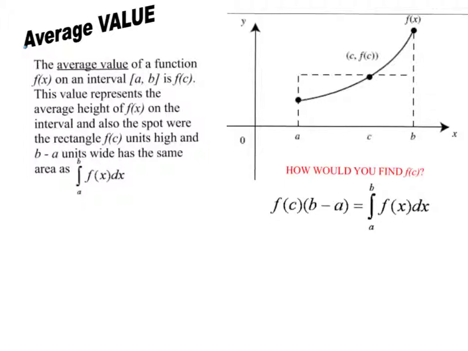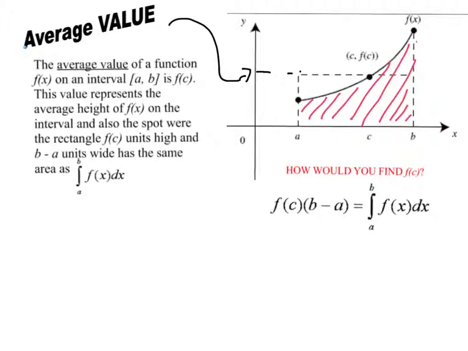Now, I put a picture here, and here's what this picture represents. So we have a curve, f of x, and we find the area from a to b. Now, the average value is the y value right here that would create a rectangle that has the same base.